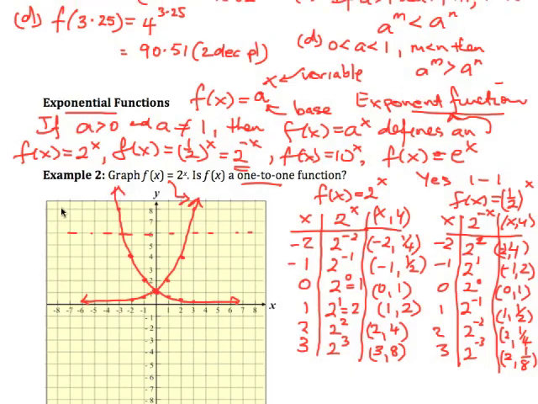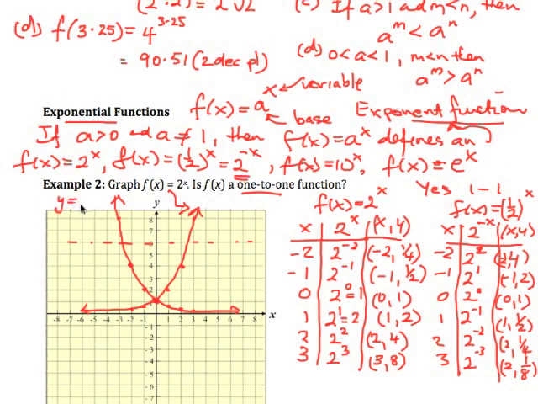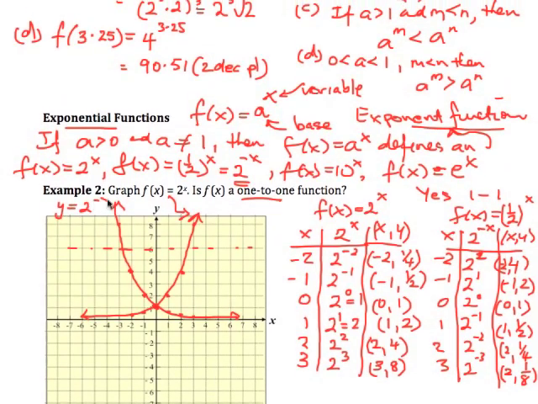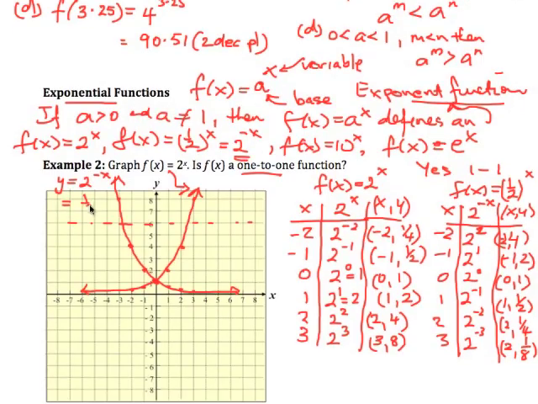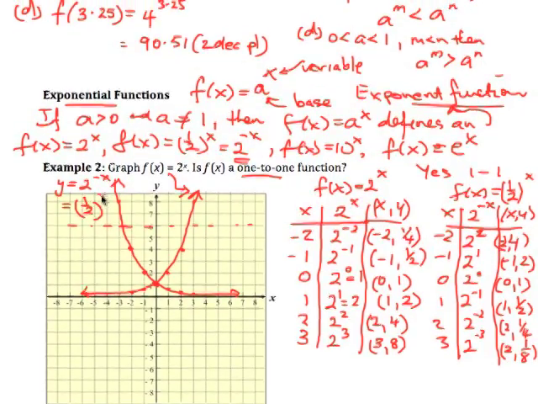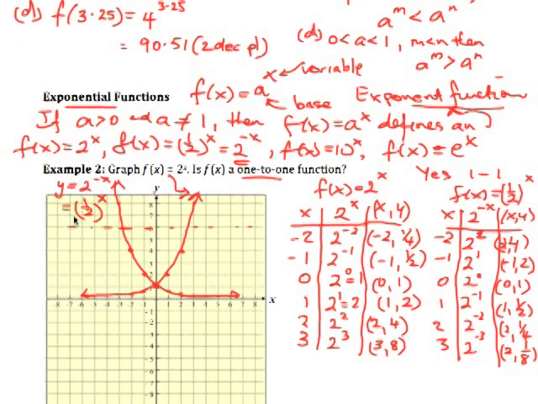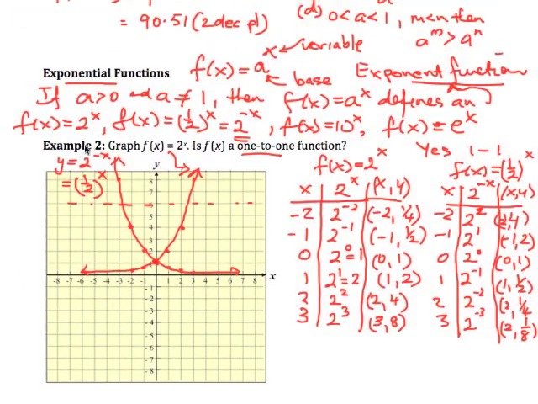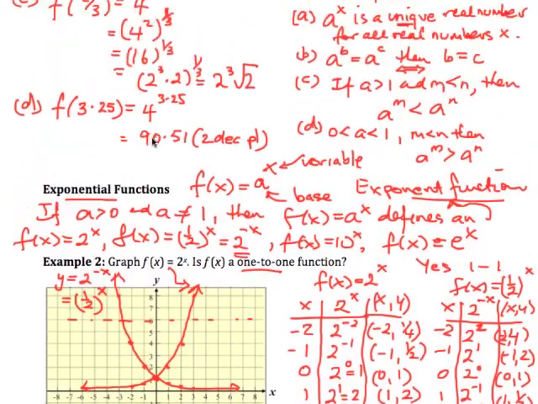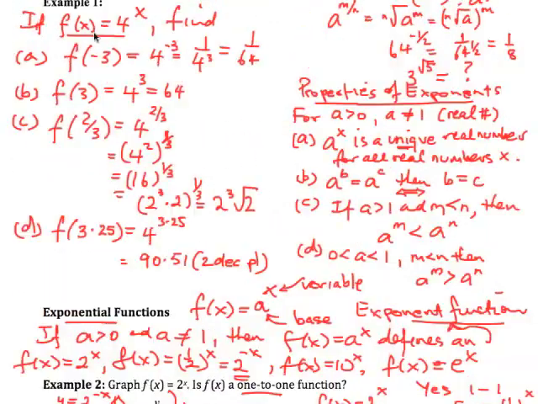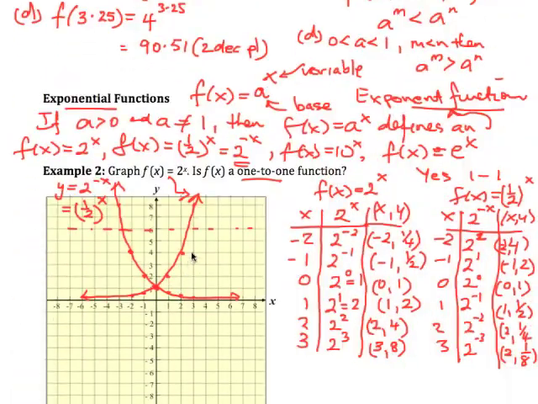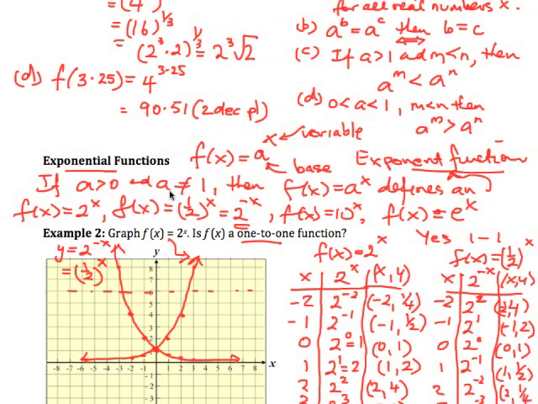There it is. This will be y equals 2 to the negative x, which of course is the same as a half to the x. So there's a brief introduction to exponential functions, and also how we evaluate them and how to do a graph. We'll next talk about their characteristics.